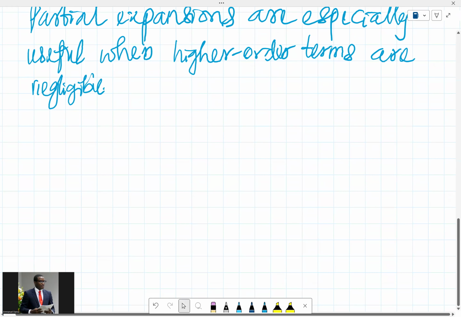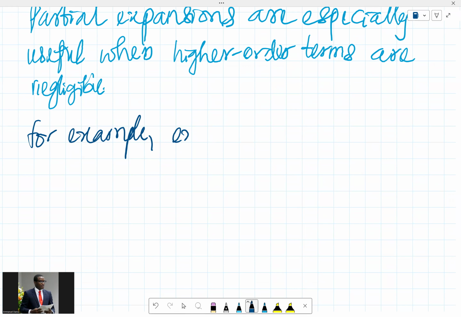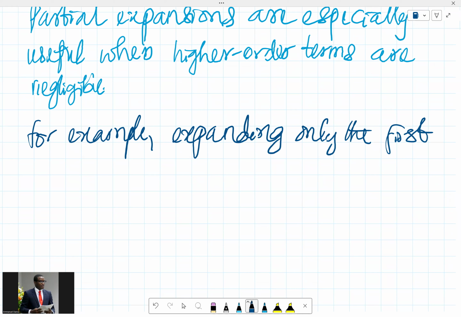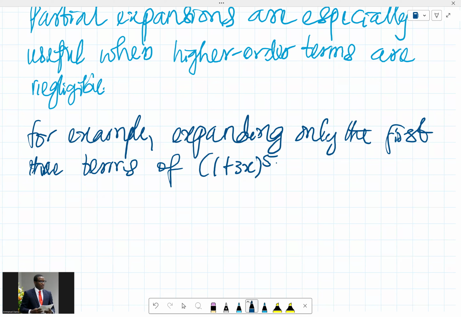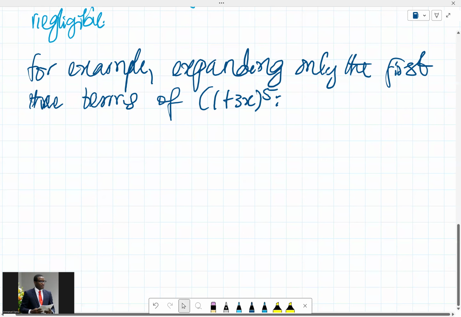So imagine, for example, expanding only the first three terms of 1 plus 3x raised to power 5 can simply give us something like this.